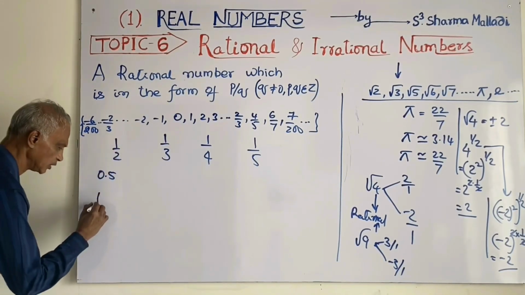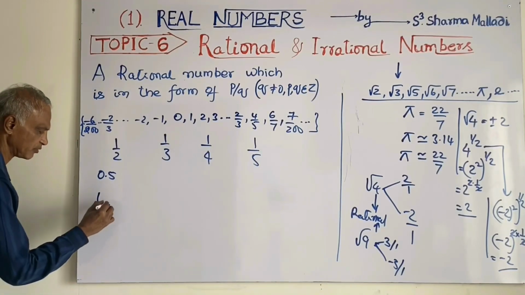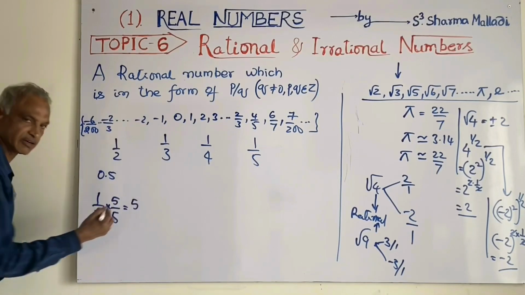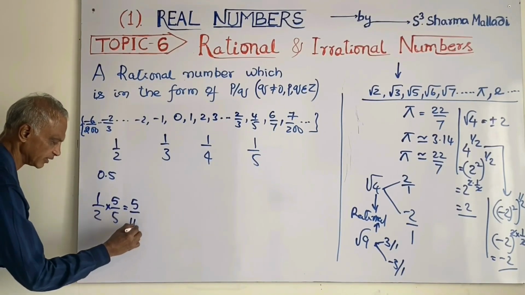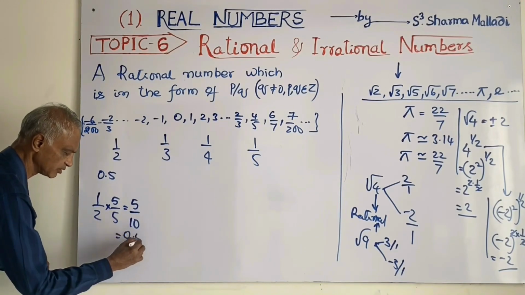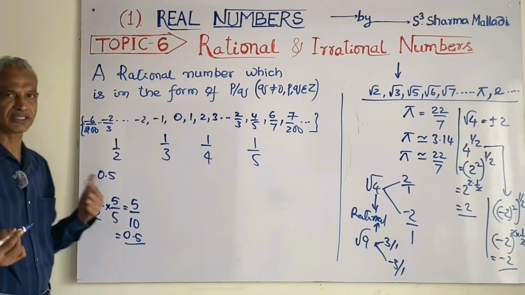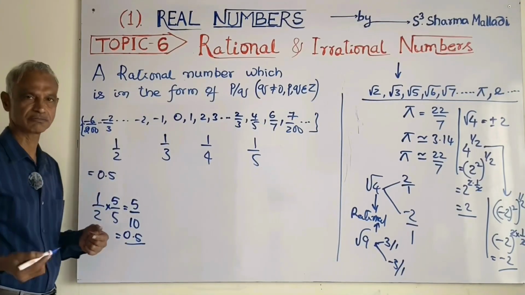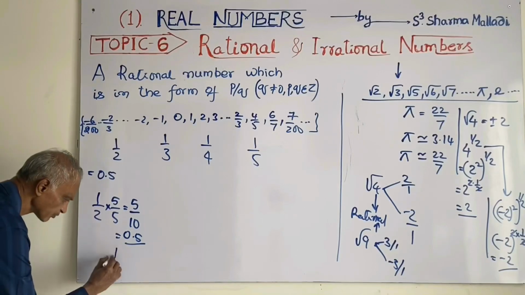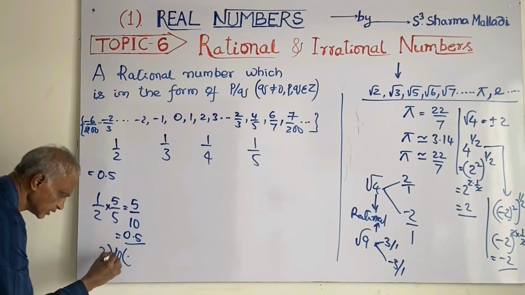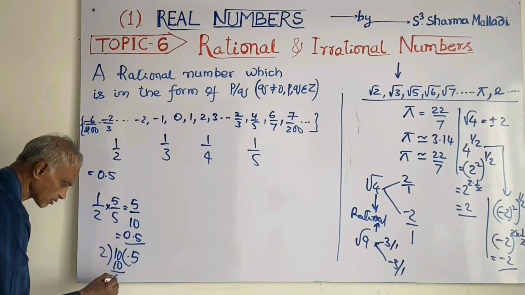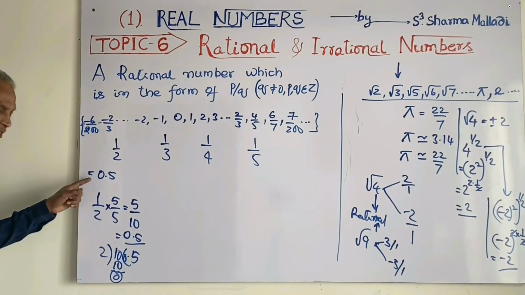Or you can multiply and divide by 5: 5 ones are 5, 5 twos are 10, so 5 by 10 is 0.5. Therefore, 1 by 2 can be written as 0.5.